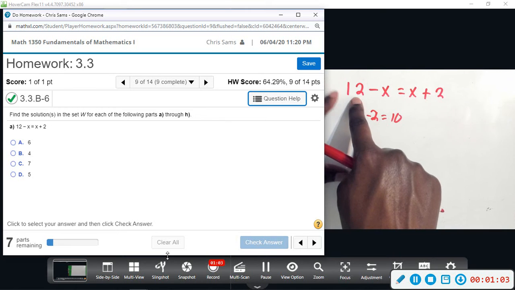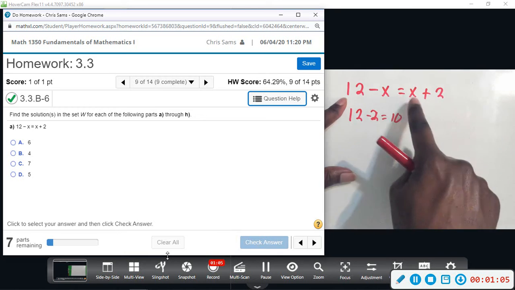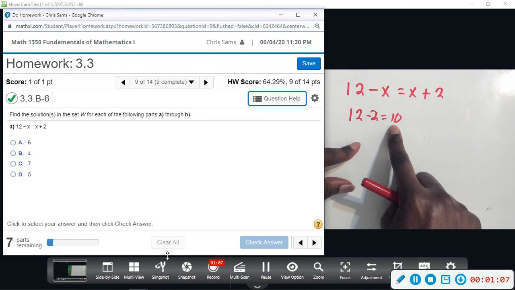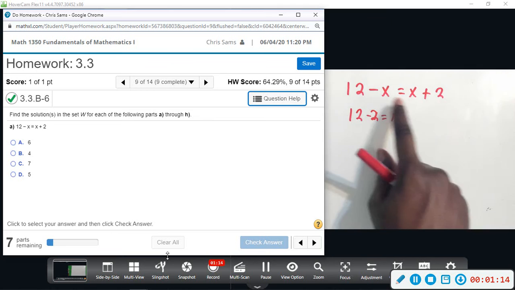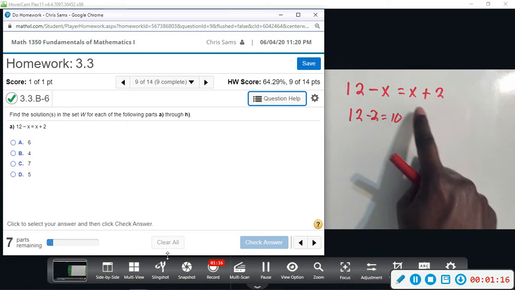I can't subtract 10 and add 10, it's going to be too big, so it's going to be something smaller than this. So this gets you a starting point, so we know we have numbers less than 10 that we're going to be dealing with, and then from there we just need to figure out which number to use.